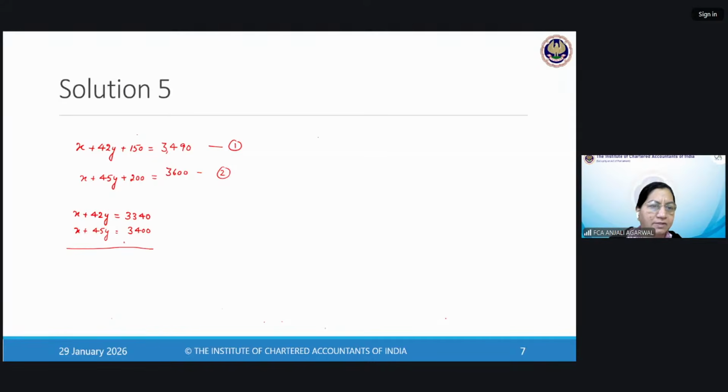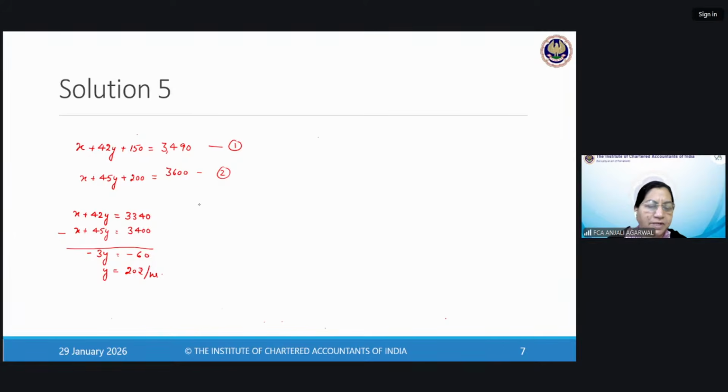So when you subtract the two equations, you will get minus 3Y is equal to minus 60, and therefore Y is equal to 20 rupee per hour. So that means the workers are paid at the rate of 20 rupee per hour. Right.